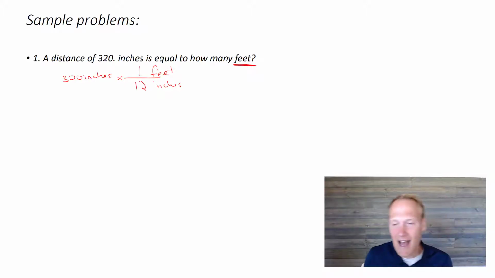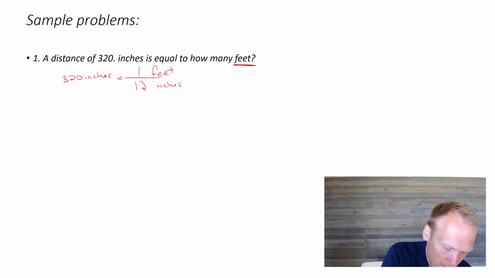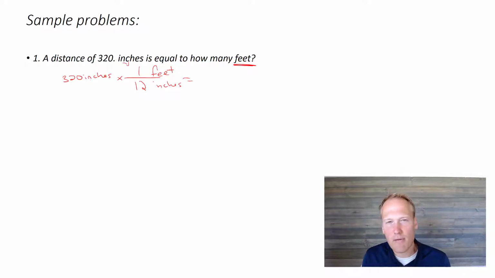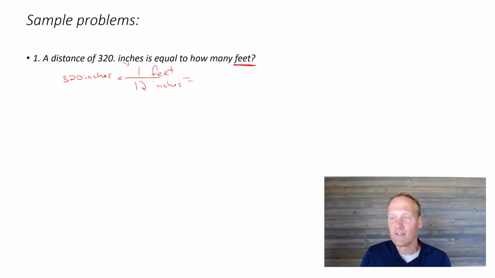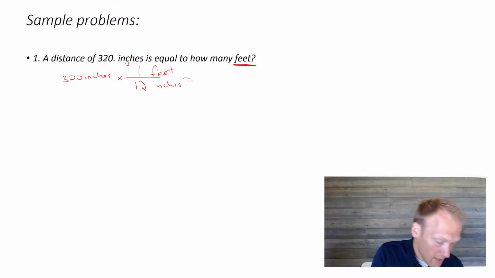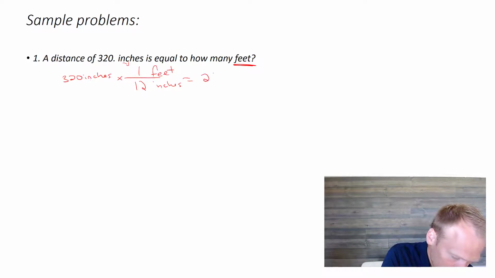Now that we have this set up, if the number is on the numerator, we multiply it. So 320 times 1. And if it's on the denominator, we divide by it, divided by 12. So 320 divided by 12 is 26.6 repeating. But I started with 3 sig figs, so I want to end with 3 sig figs.